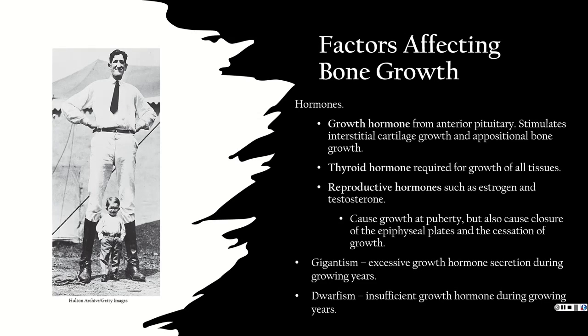So they cause you to grow and then close those epiphyseal plates. Now you can have gigantism, for example, and then dwarfism, from excessive and insufficient growth hormone. And this image on the left is an example of two individuals that have either one. So we'll pause the video there. In the next set, we'll talk about bone remodeling, which occurs throughout life.